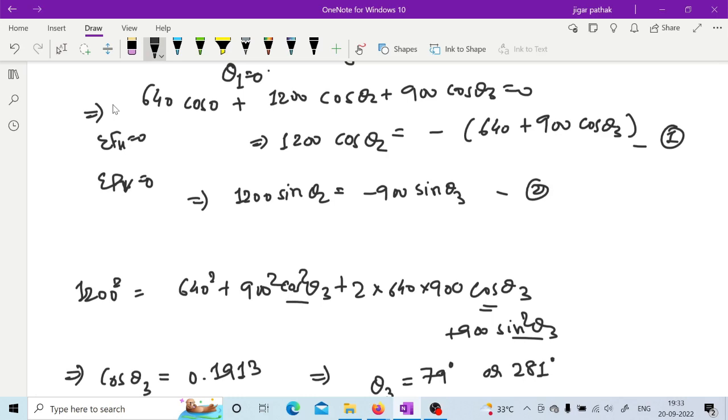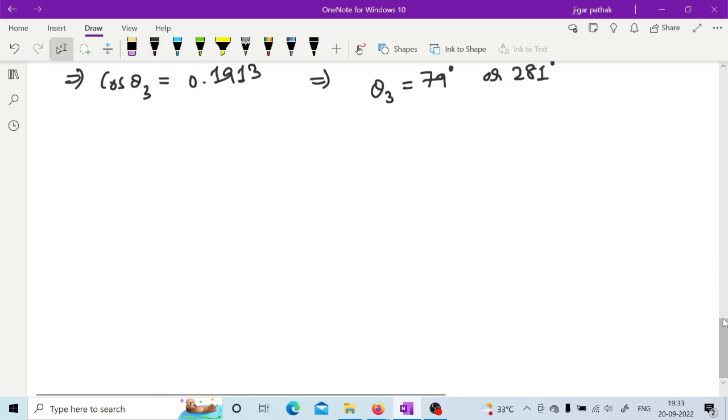This one and this one you need to check. If these two equations are the same, then you must be getting the same theta 3. Okay.